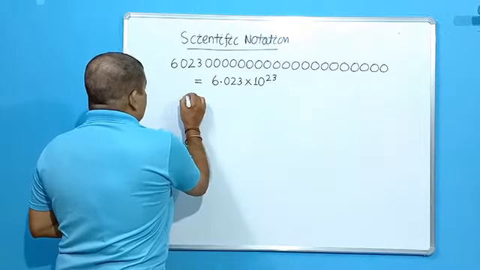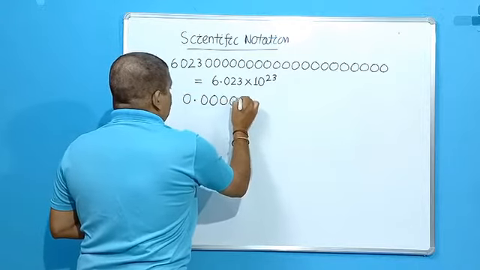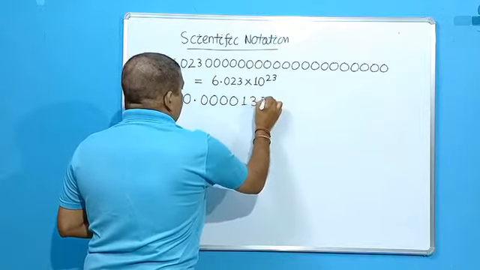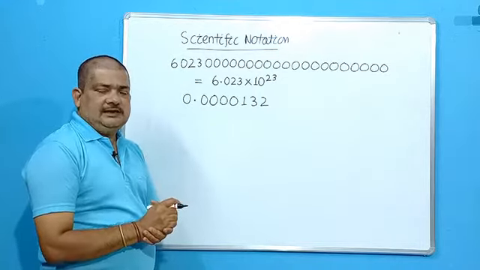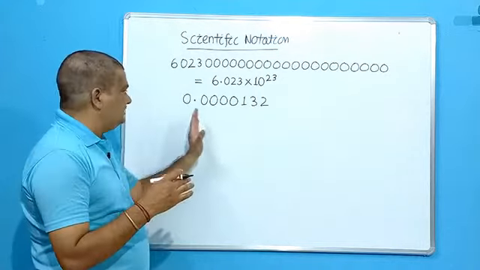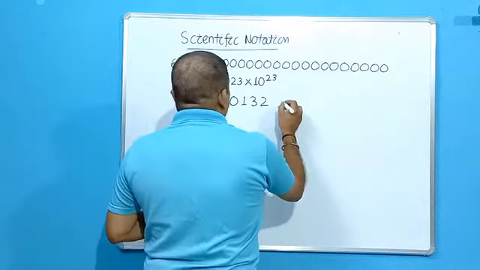For example, you will write 0.00000132. We want to use it again and again. It is not convenient to remember these values again and again. So how to write it in a better way?